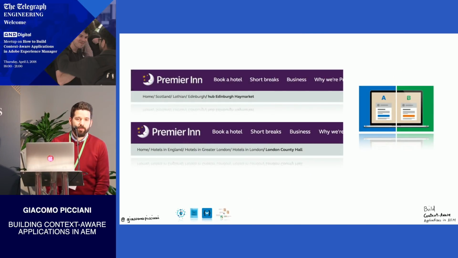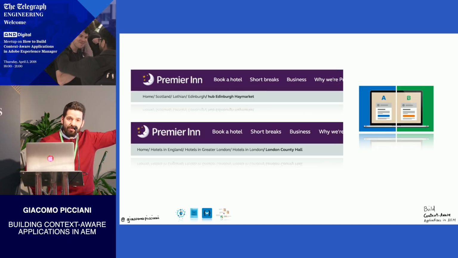The second example comes from one of the latest requirements I received from my SEO manager. They want to run an SEO A/B test on the Premier website on the breadcrumb component. They want to try different ways to display the content.